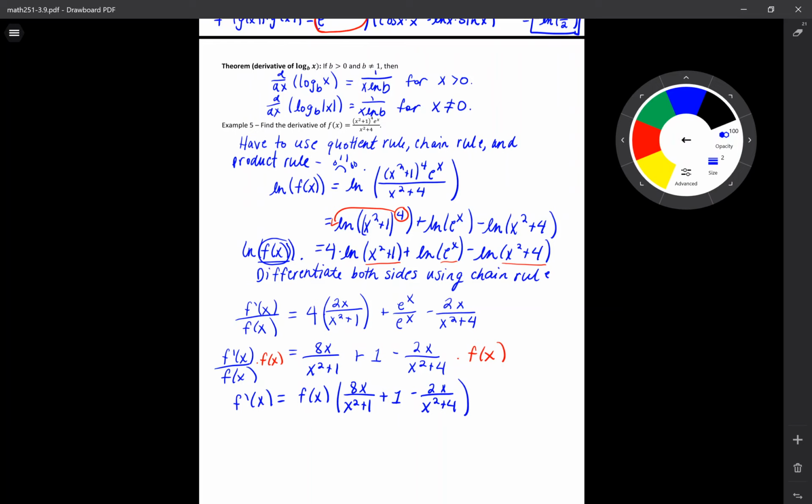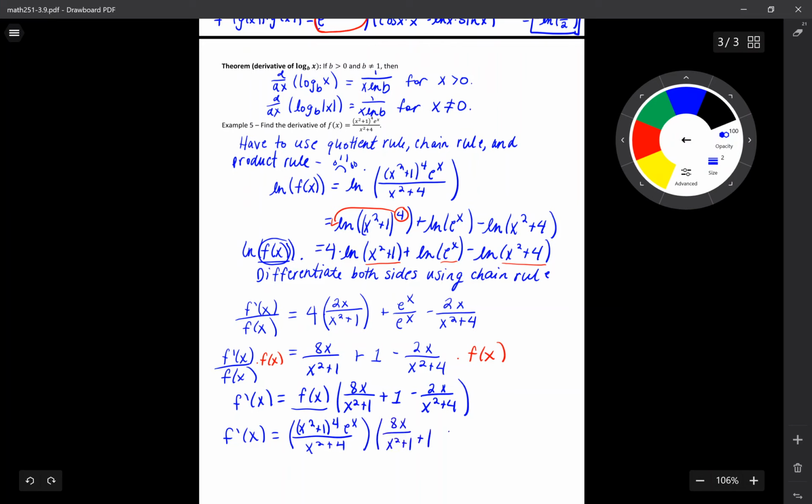So I'll just replace my f of x here with the original function. So f prime of x is equal to my original function, which was x squared plus 1 to the power of 4 times e to the x over x squared plus 4 times 8x over x squared plus 1 minus 2x over x squared plus 4.